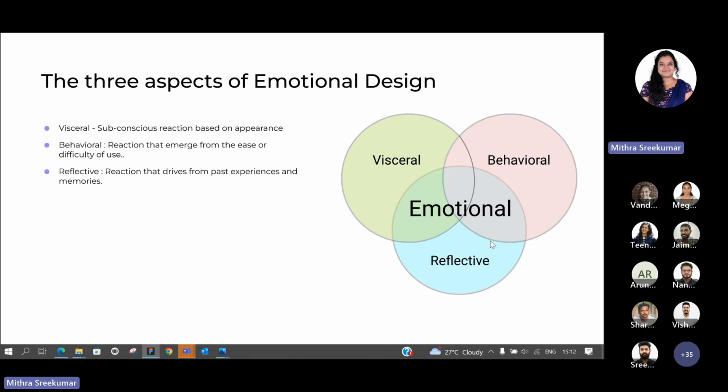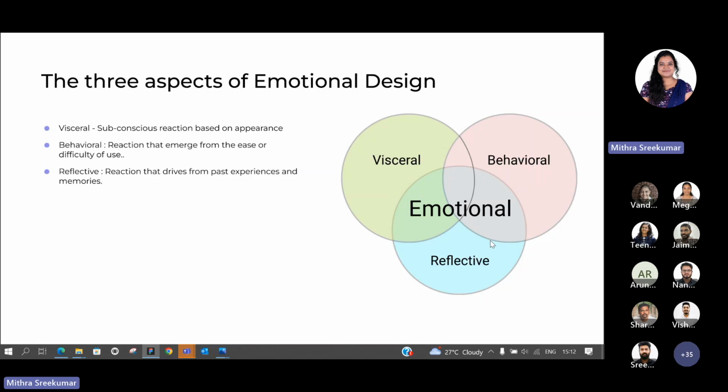These three levels are in some way or other present in the emotional design. The variation of each element varies according to the application's need, the age group, and the intention of the application.